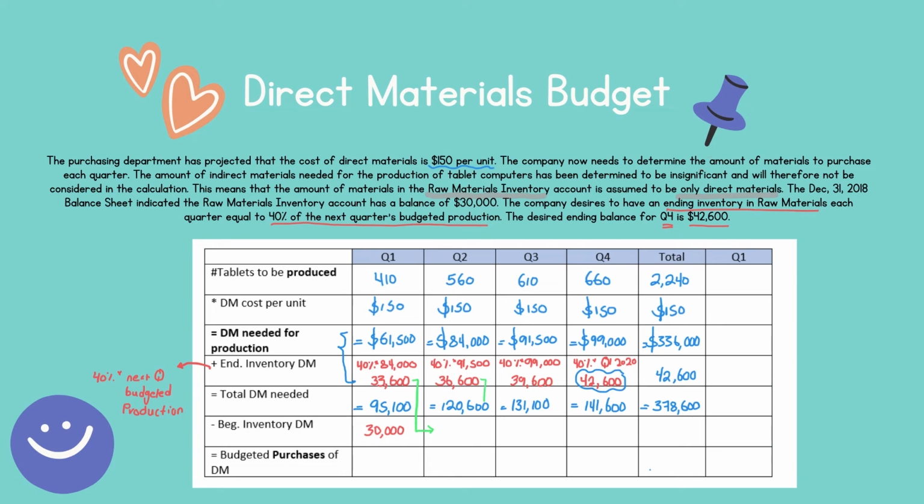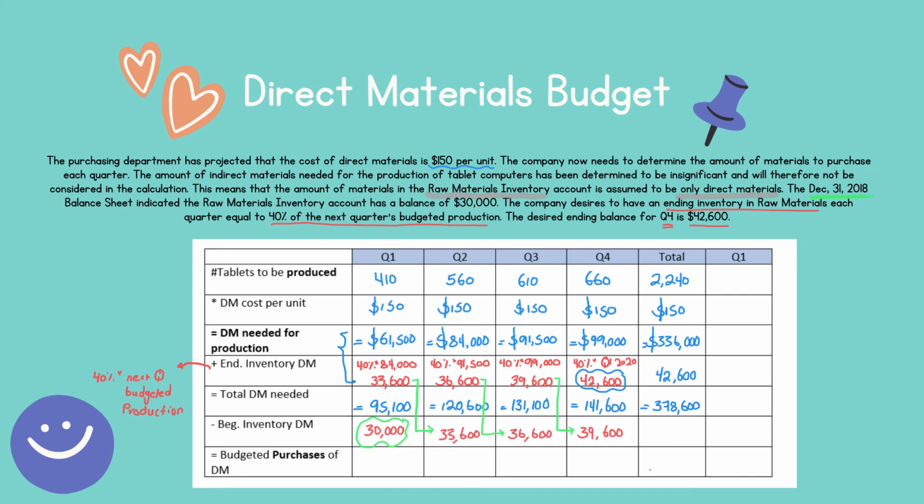Ending for quarter two will be the beginning for quarter three. Ending for quarter three will be the beginning for quarter four. As we said, the 30,000 was the ending of 2018, so it's going to be the beginning for 2019. As you can see in the balance sheet, it was at December 31st, 2018, so it is the end of quarter four in 2018.